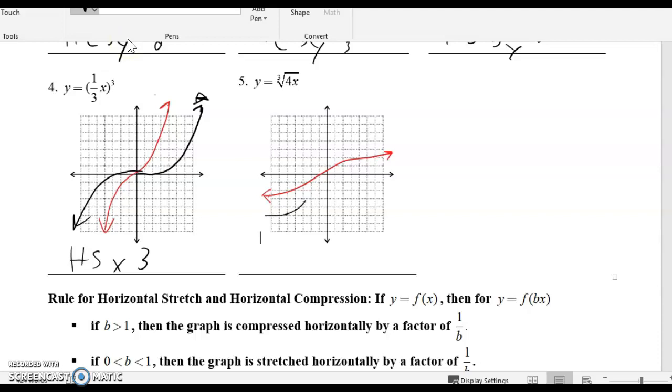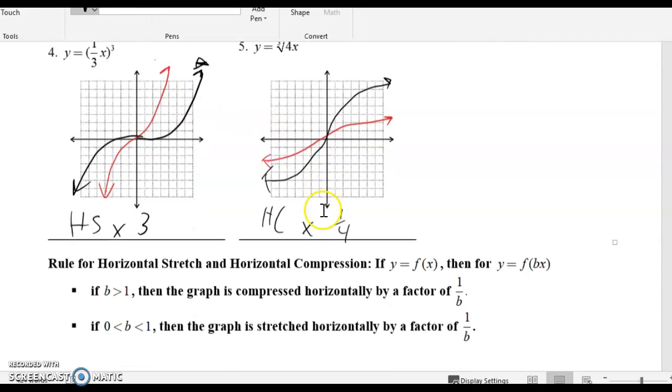So you're going to smush the graph. So that's a horizontal compression by 1/4. So in 1/4 the time, the y grows, basically. So in 1/4 the time, the x grows.